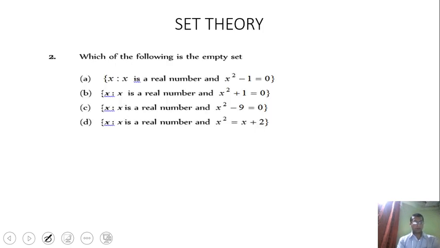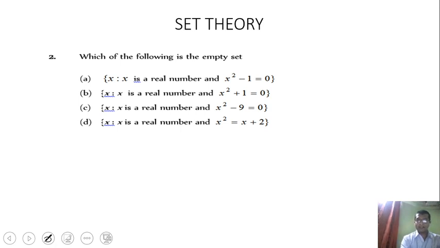Next, we will go through the second example. Which of the following is the empty set? So here option A, x is such that x is a real number and x square minus 1 equal to 0.